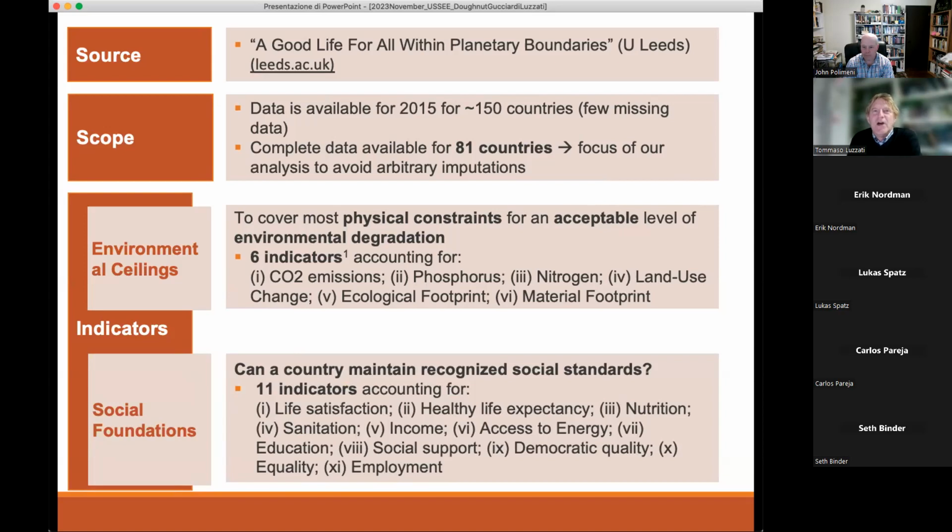I think this is rather poor, because all of these themes can be proxied by several indicators, like the SDGs, where we have many indicators for each SDG.